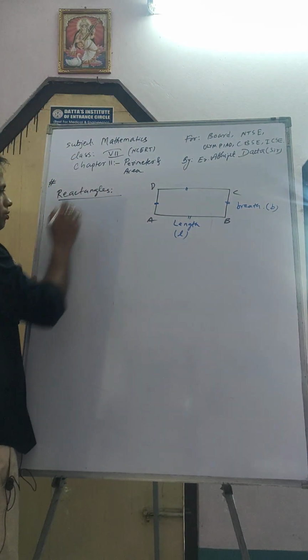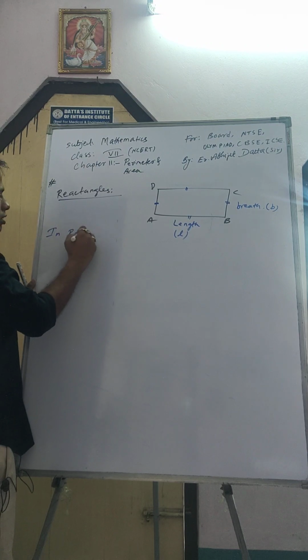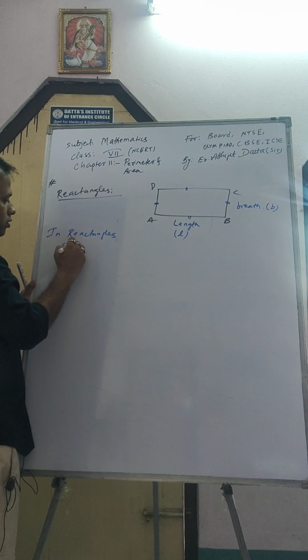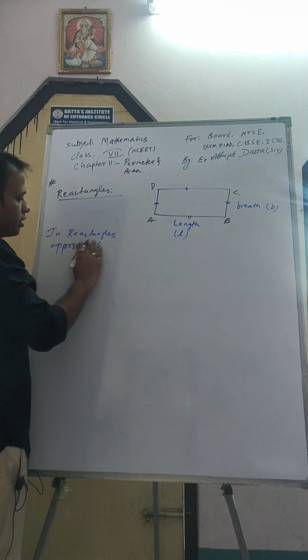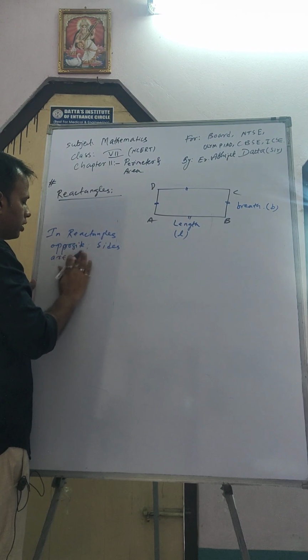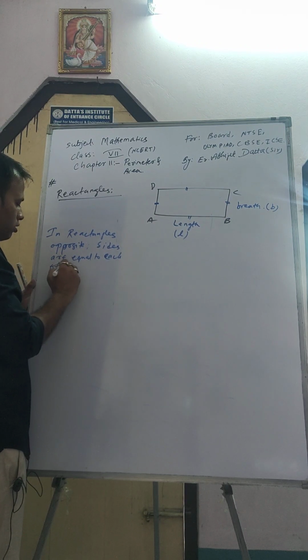Now in a rectangle, opposite sides are equal. You have to remember this one. Opposite sides are equal to each other. Got my point?